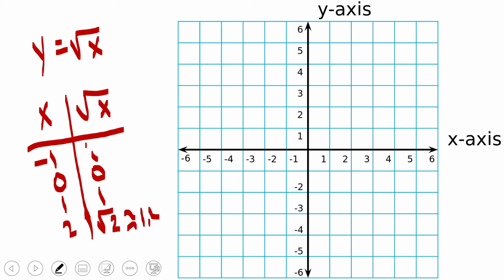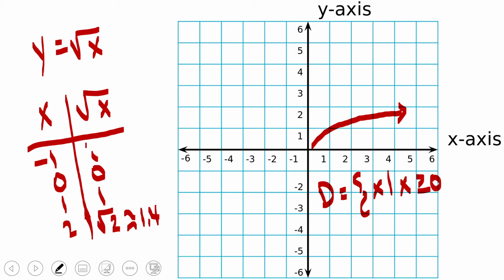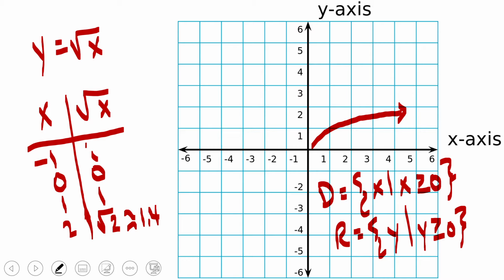That's approximately 1.4. So our apparent graph looks something like this, where the domain will be all of the x's such that x is greater than or equal to 0, and the range will be all of the y's such that the y's will be greater than or equal to 0 in this y equals the square root of x.